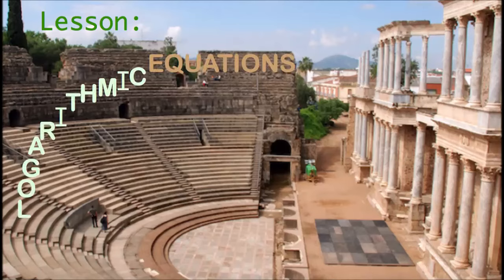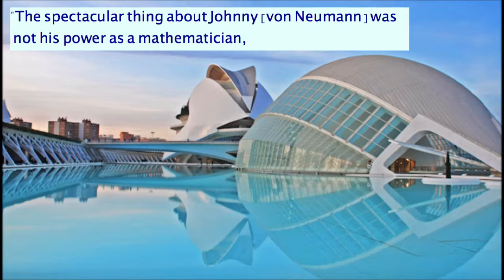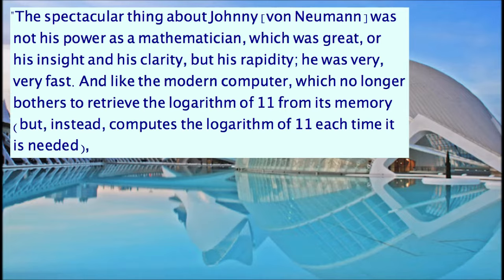Logarithmic equations. The spectacular thing about Johnny von Neumann was not his power as a mathematician, which was great, or his insight and his clarity, but his rapidity. He was very, very fast.